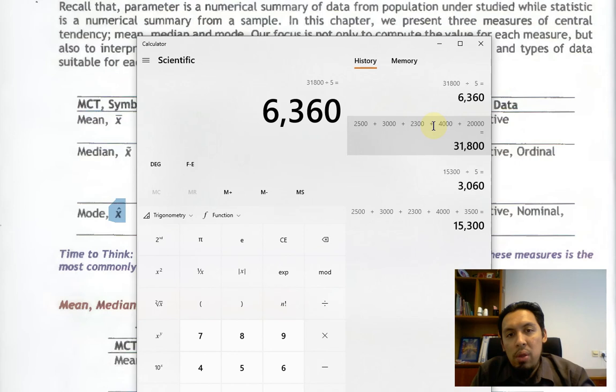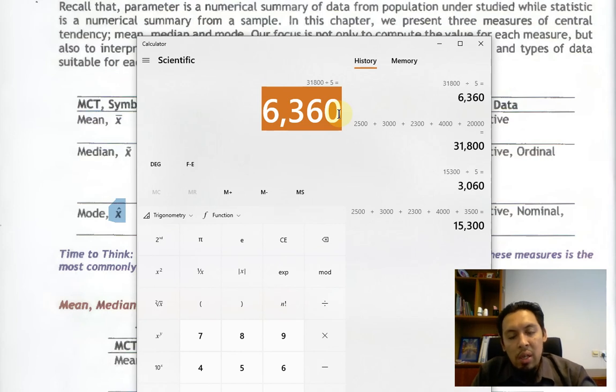So what happens when you use outliers? This will be the average. When you report this, you say that the average salary for those 5 people is 6,360. Is it correct? Is it accurate?